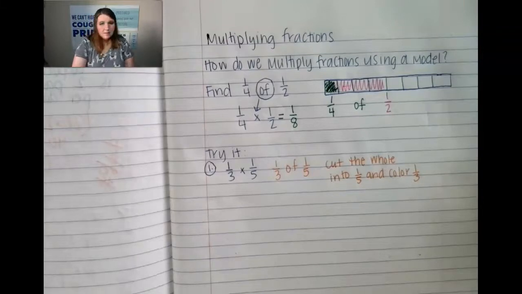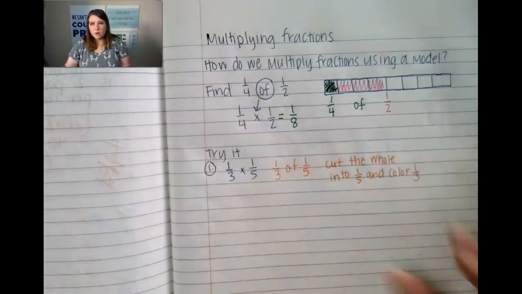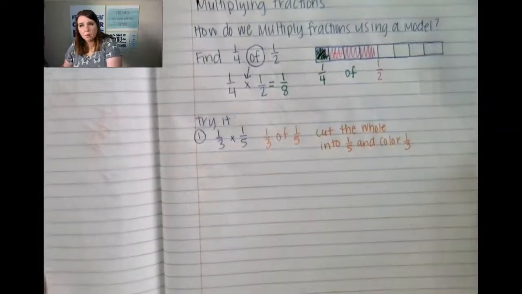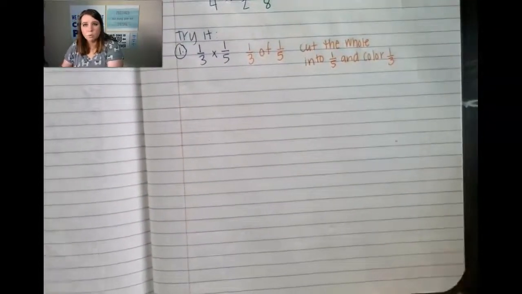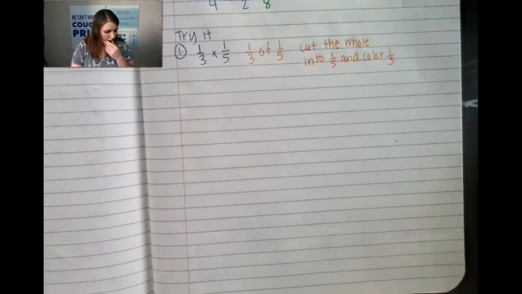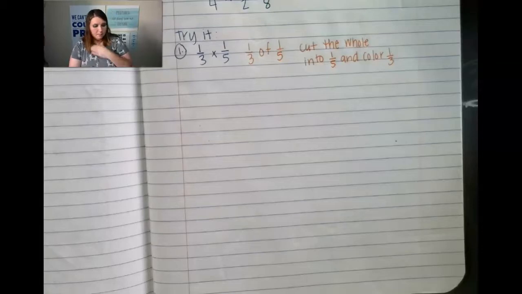So you did this in elementary school, so I don't want to spend a ton of time on that. I want to get to the part where we're just looking at how do you really multiply fractions, so that way we can just get to using the multiplication piece.